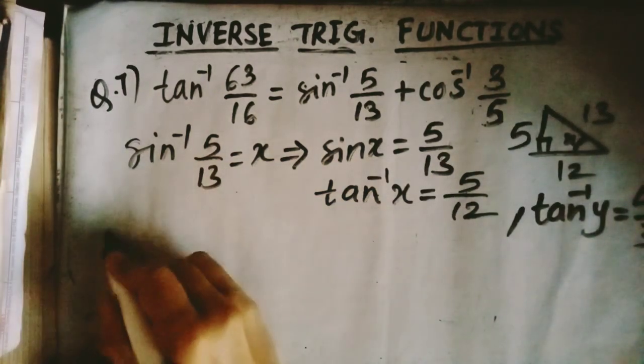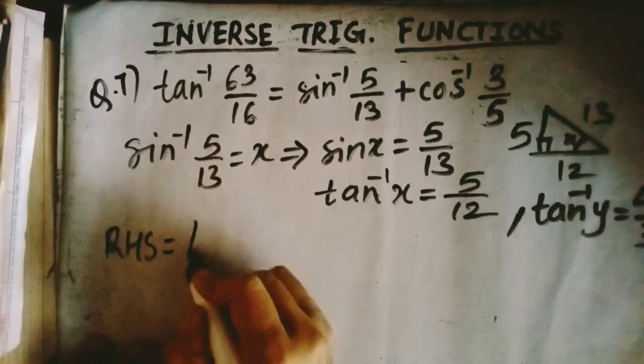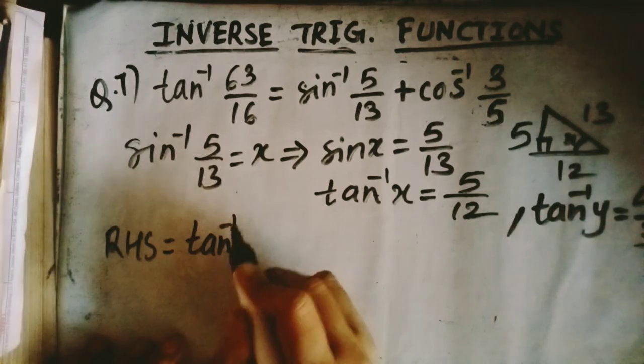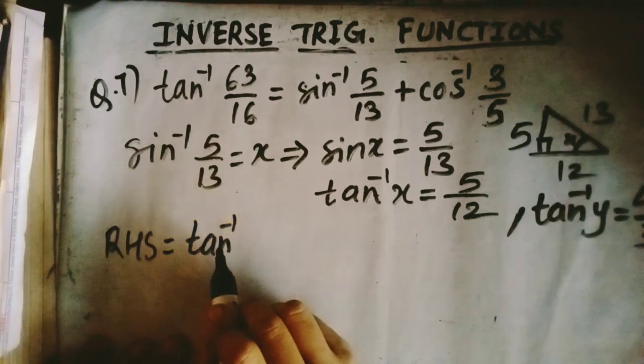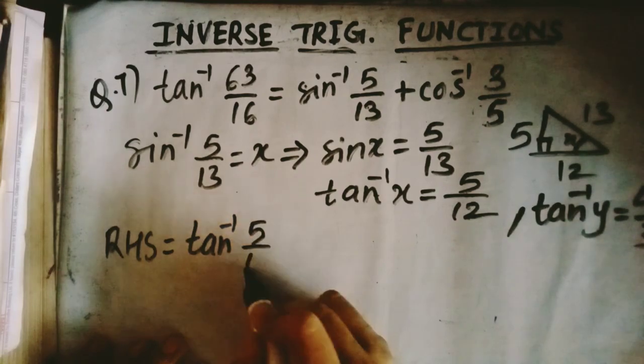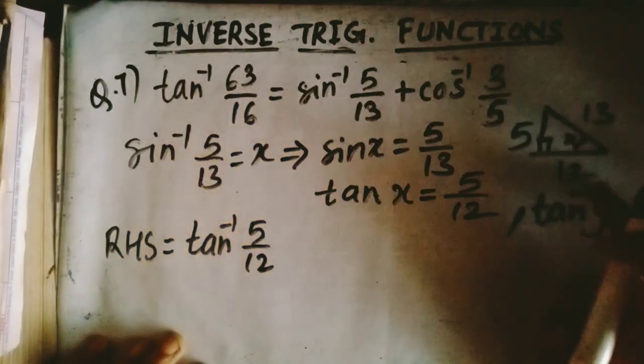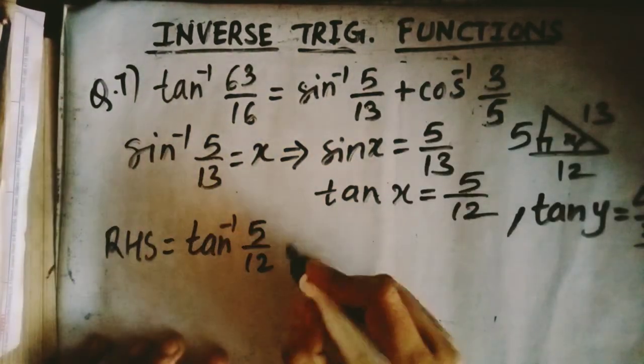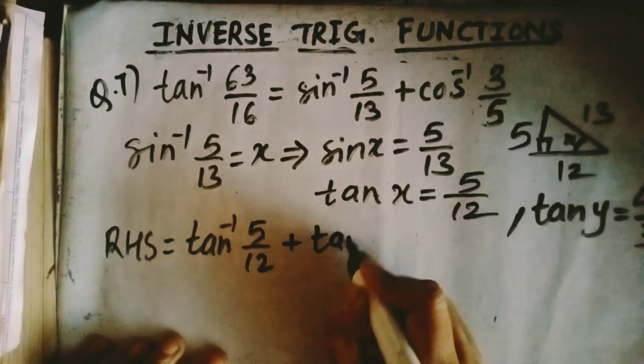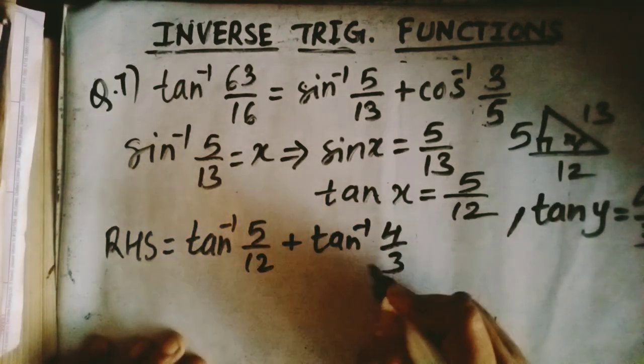So substituting in RHS, you will get tan inverse of 5 upon 12 plus tan inverse 4 upon 3.